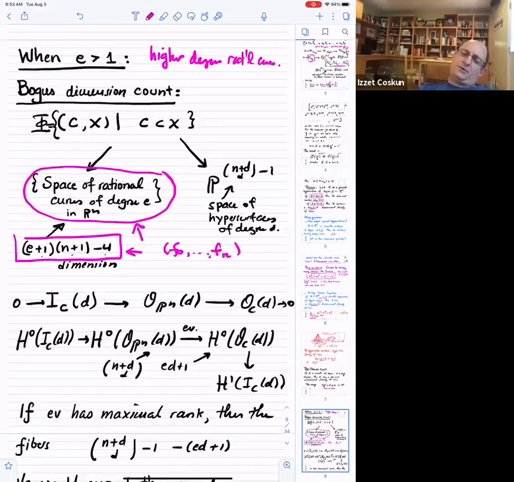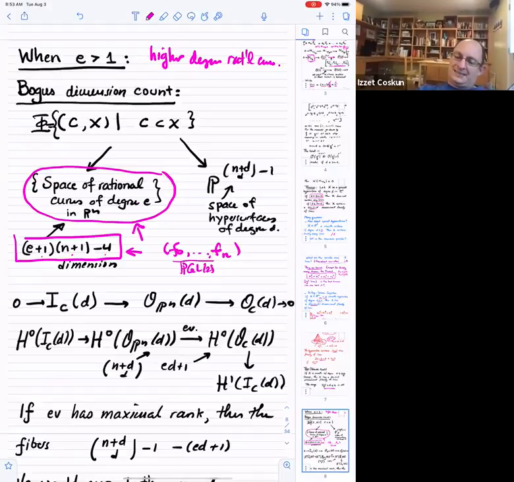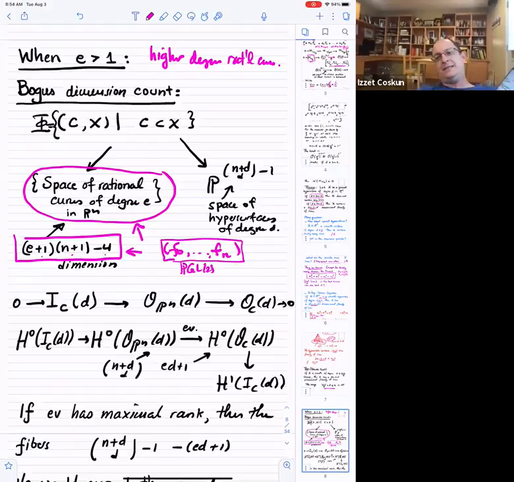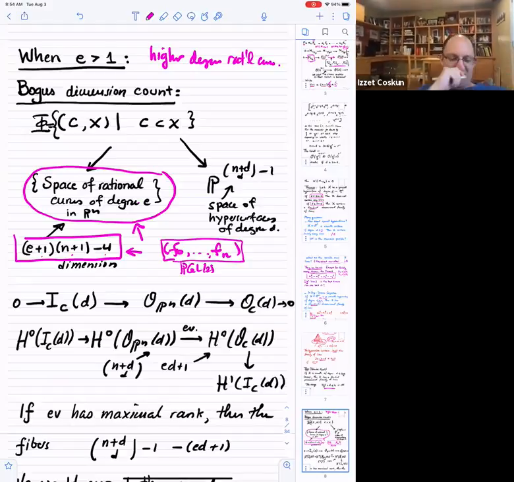Then we didn't want to parameterize, so we had to quotient out by the PGL2 action, changing the parameterization. And the curve is unchanged if I simultaneously scale these coefficients. That accounted for the minus 4.